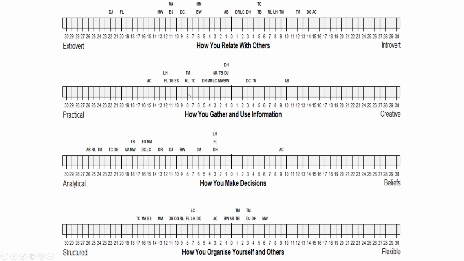It's more prone to being a practical team. It's a very, very analytical team, and there's only one belief-based decision maker in the whole team, you can see. And then over here, we've got quite a strong preference towards structure, although we have a number of people who are just on the side of flexible. So that gives us a sort of personality profile of the team, if you like, and that can be quite interesting if you wanted to go down that road.